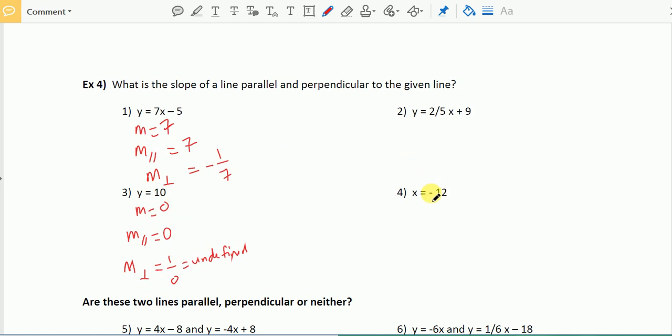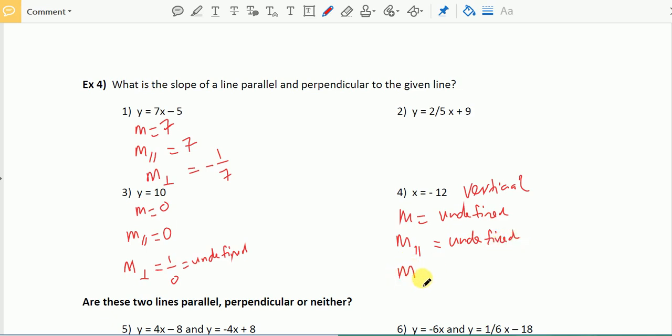Now let's try this problem. This one, x is minus 12, is just a vertical line, right? Now, the slope of this vertical line is undefined, and the slope of the parallel to this line is also undefined.